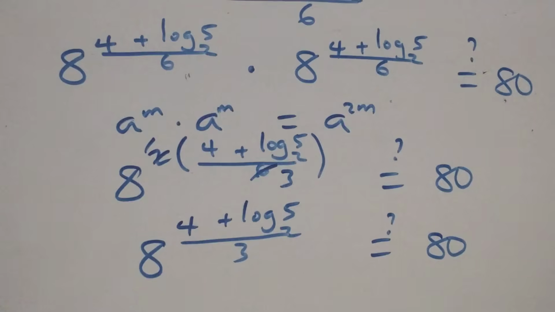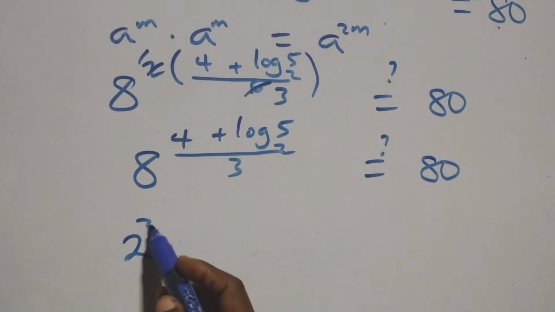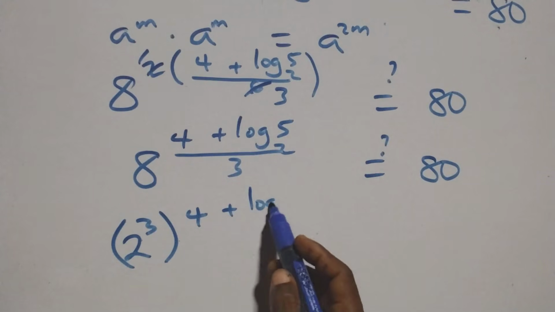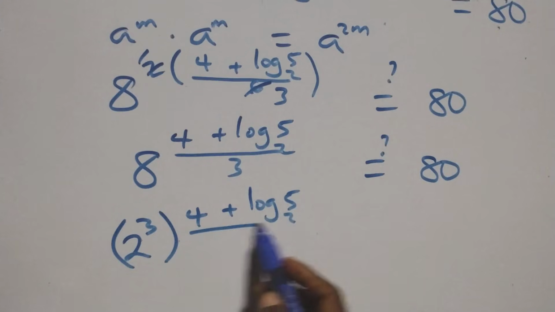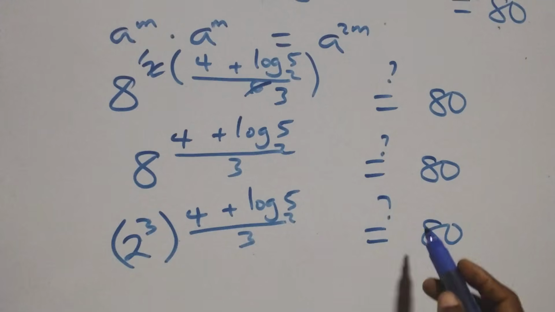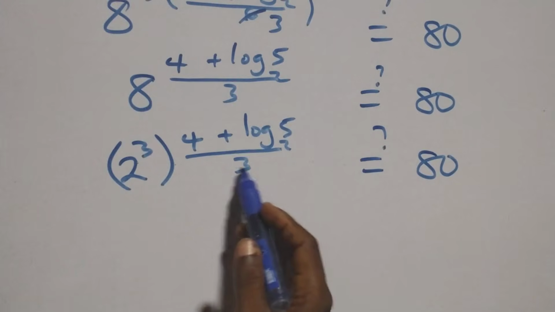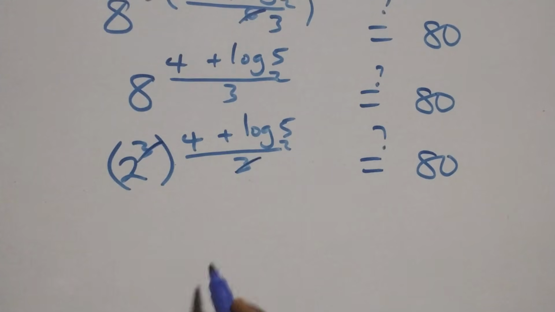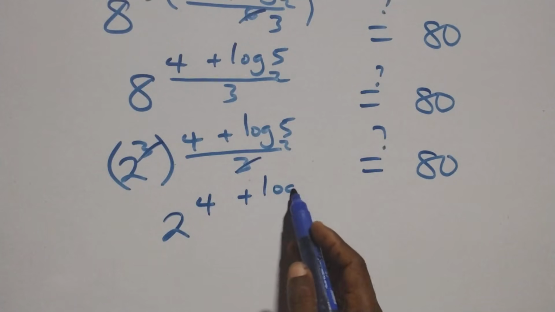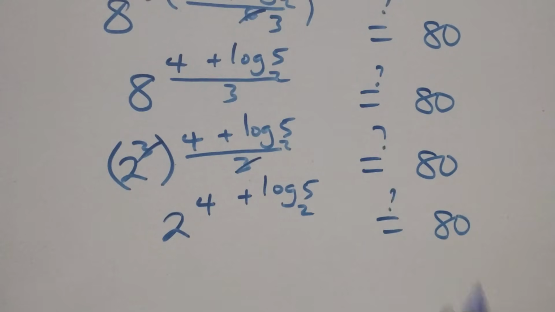Then we can write 8 as 2 raised to power 3, raised to power 4 plus log 5 base 2 all over 3. Then the powers multiply as well, the 3s cancel each other, and we have 2 raised to power 4 plus log 5 base 2. Is it equal to 80 on this side?